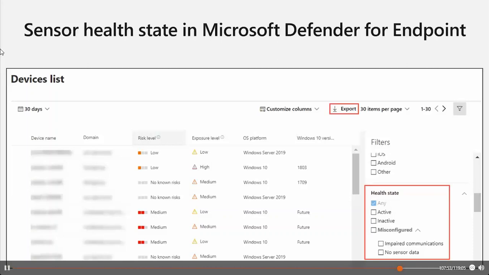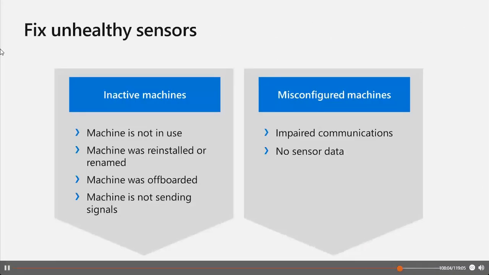And obviously, if you don't have a correctly responding machine sensor, you will not gain all the information you need to protect your environment. So to get a bit more detail, what does an inactive machine mean? A machine is not in use. Basically, a machine was reinstalled or renamed, a machine was offboarded by script or other methods, or a machine is not sending signals.